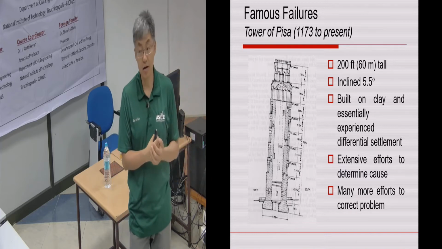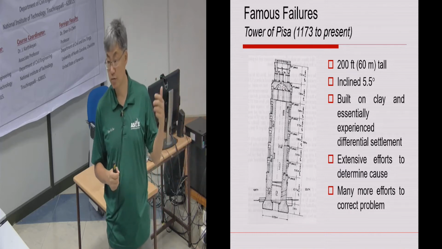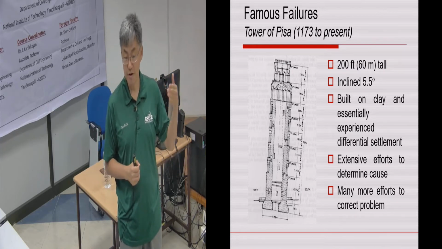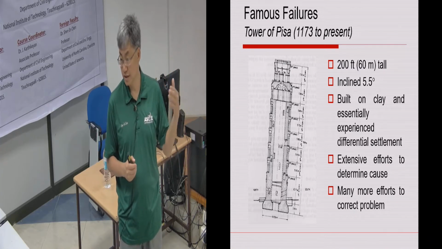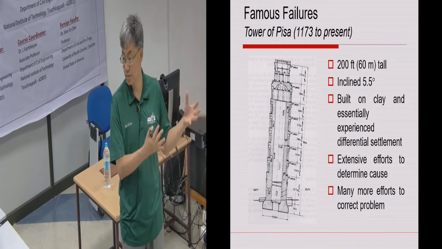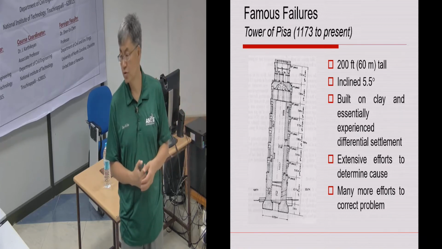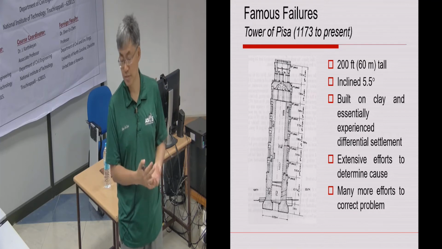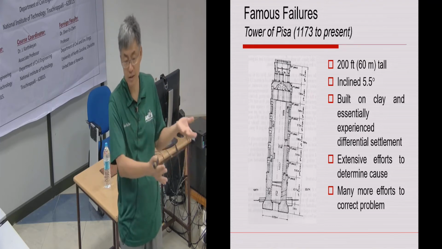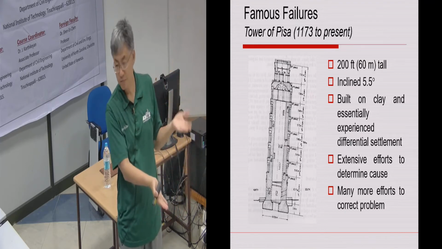There has been a lot of investigation over the years. In fact, every so often, the Italian government still requires people to do investigation, but they are not in a hurry to correct the problem because it's not collapsing.